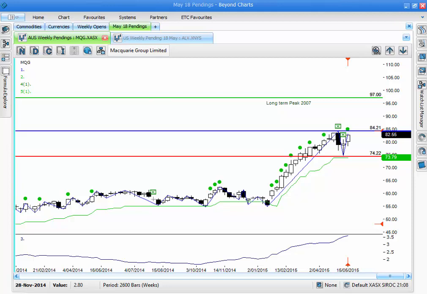I think one of the issues with the loose scan is that it throws up so many opportunities for us, and it can be quite daunting to go through 400, 500, 600, 700 individual stocks that have come out of the scan results.